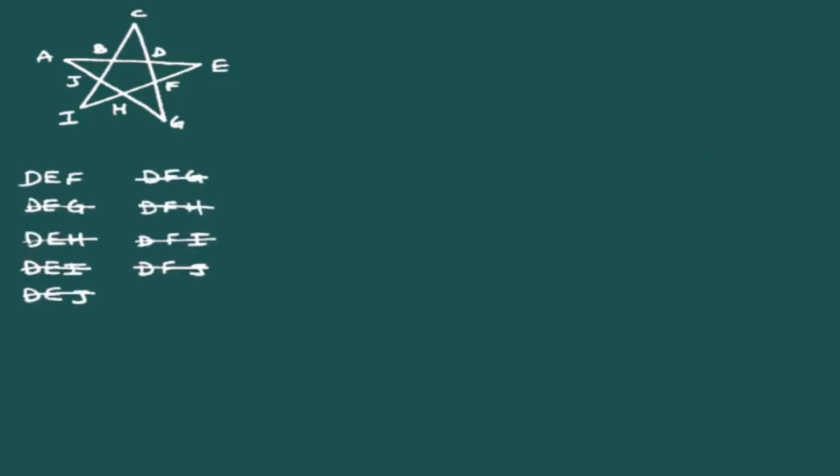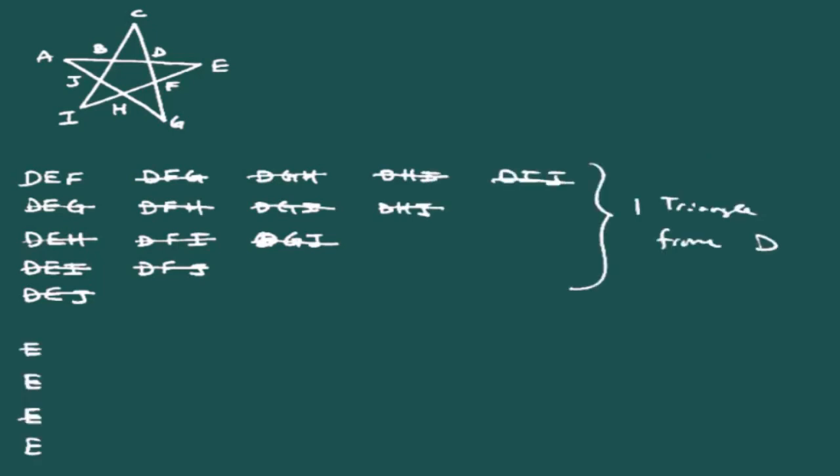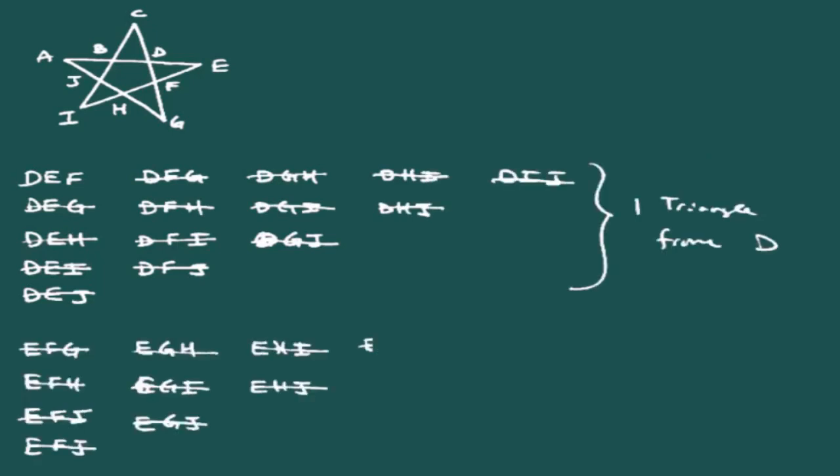For our triangles where our smallest vertex is going to be D, we start off with DEF, DEG, DEH, DEI, and DEJ, listing all of our possibilities from there. Then we go back to our geometric figure and ask, does each one of those sequences give us a triangle? Well, there's only one triangle that has the smallest vertex of D.